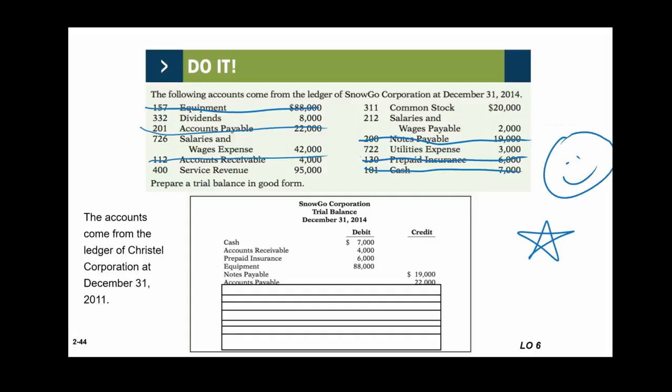So next, after that, we're done with, no, we're not done. We still have salaries and wages payable, right? Remember, salaries and wages payable is not the same as salaries and wages expense, because the company has not paid them yet. They are still a liability.